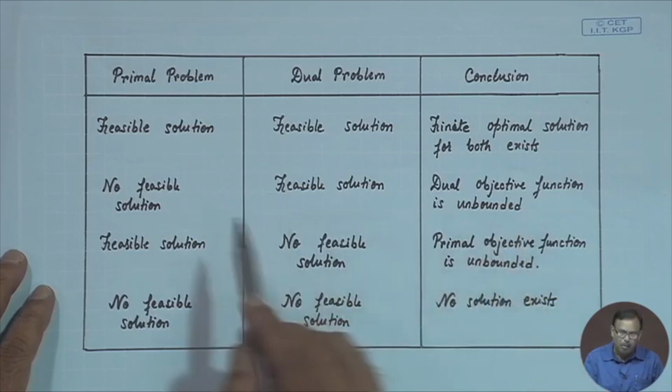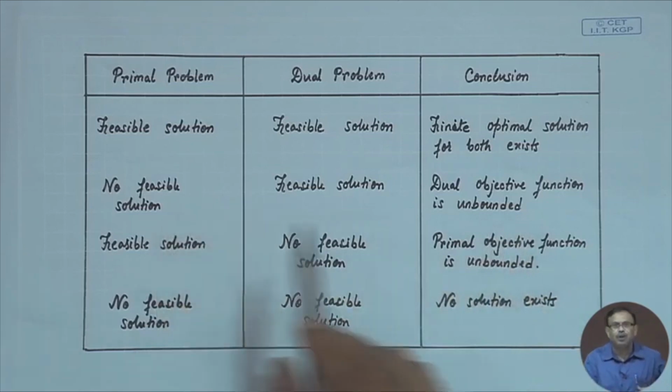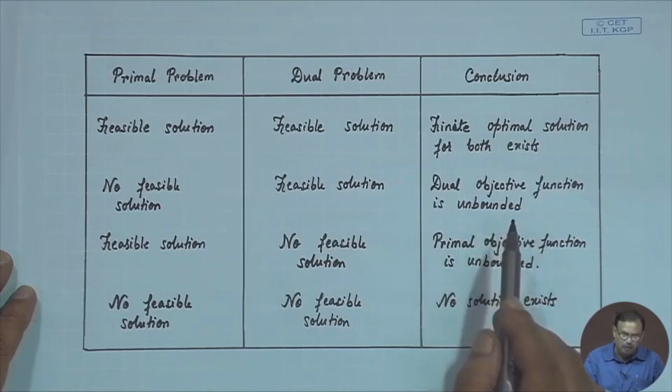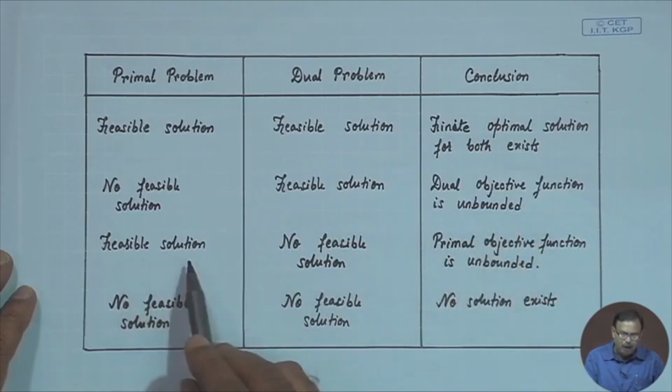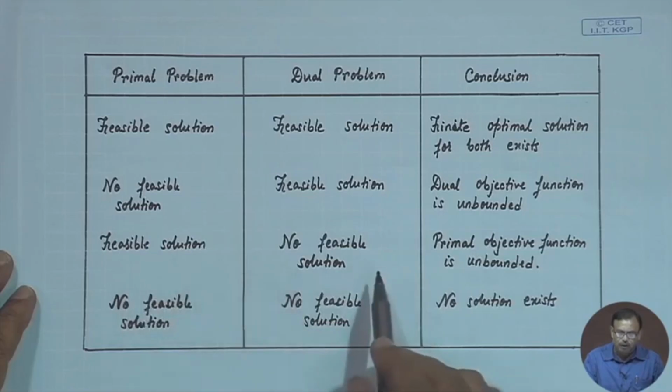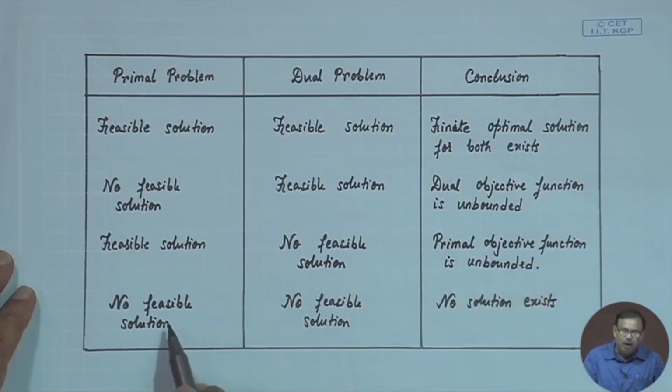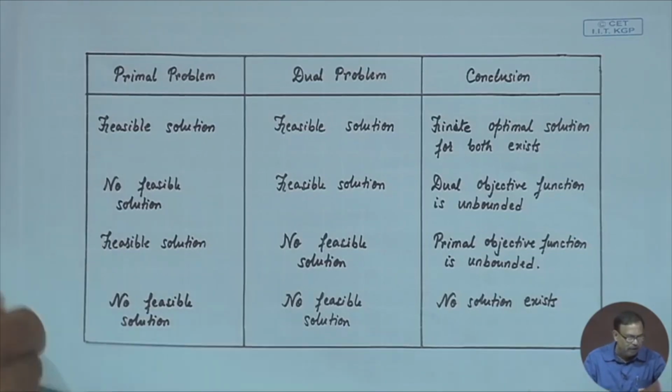Please note this one. Similarly, if primal has a feasible solution and dual has no feasible solution, then the primal objective function is unbounded. And if both the primal and dual have no feasible solution, then the conclusion is that no solution exists for the problem.